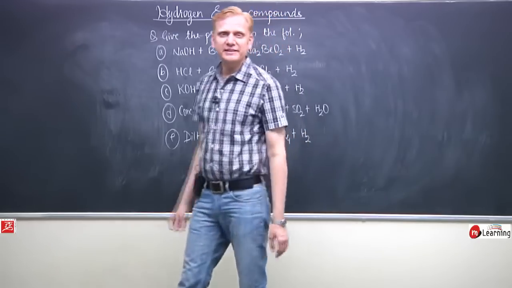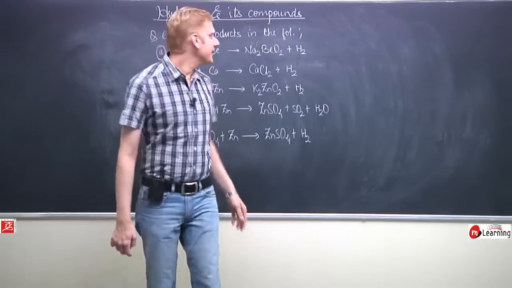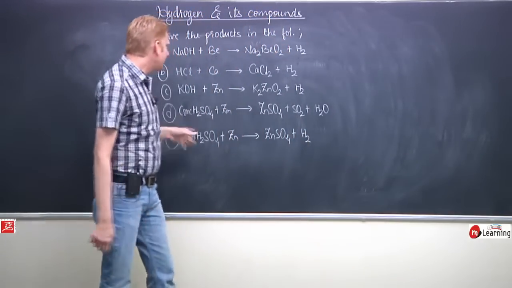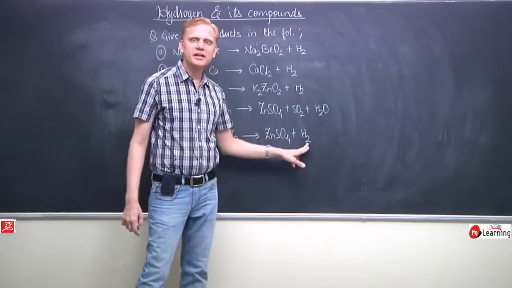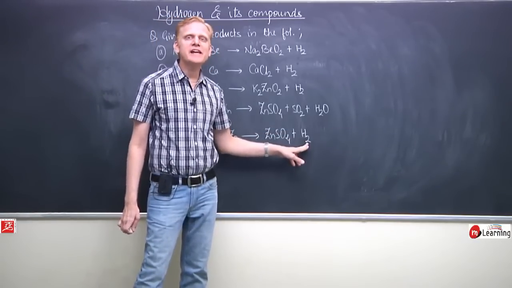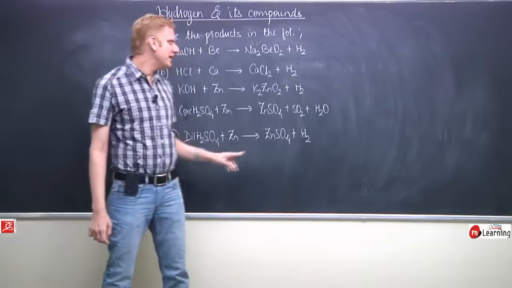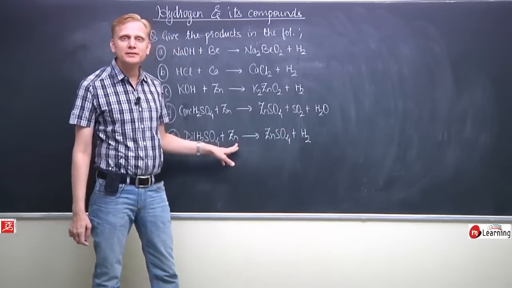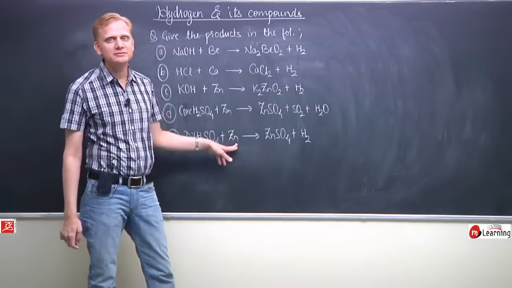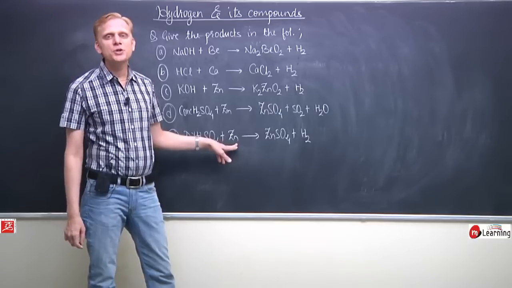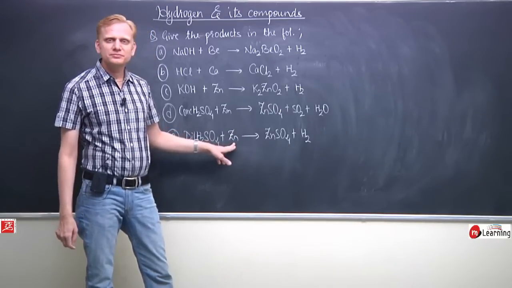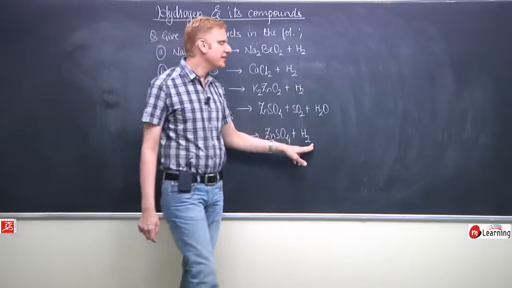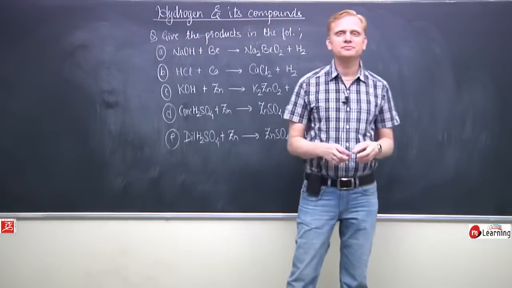Now tell me one more thing. Taking HCl or taking dilute H2SO4 with zinc, we can obtain hydrogen. Is it possible that hydrogen gas is liberated when dilute H2SO4 is reacted with copper? Answer is no. If copper would be there, hydrogen gas is not liberated.